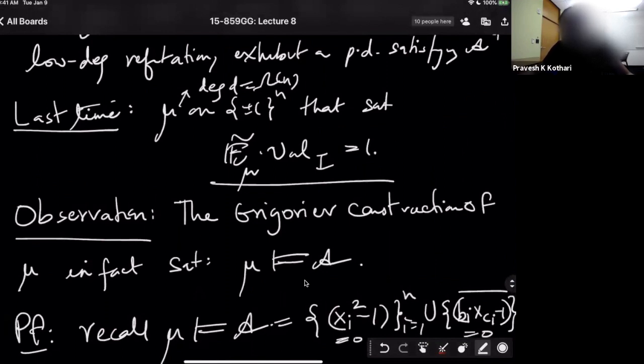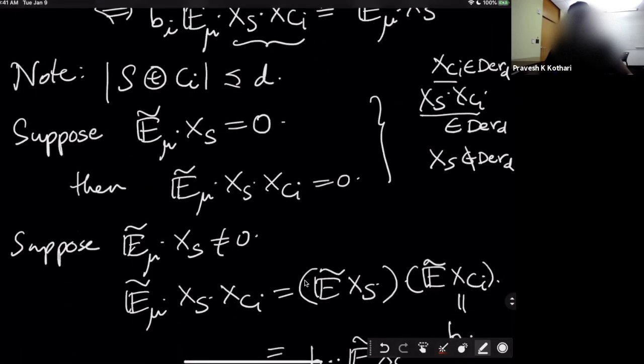Actually, we did things in reverse. Last time we pulled out this derivation set Der_D in an almost ad hoc way, right? But now you can go back and look at what this Der_D set in fact is. Der_D set is literally all the constraints that can be derived in degree D from the system A. So the derivation procedure that we defined is the same as this.